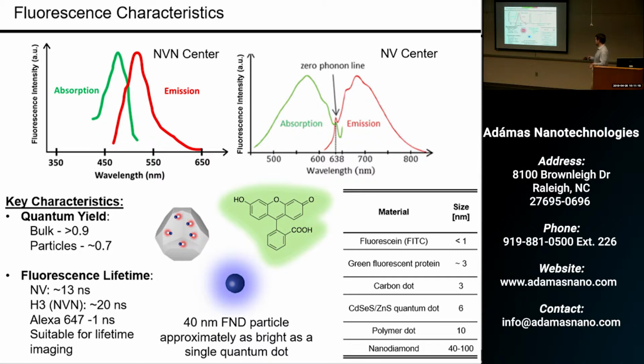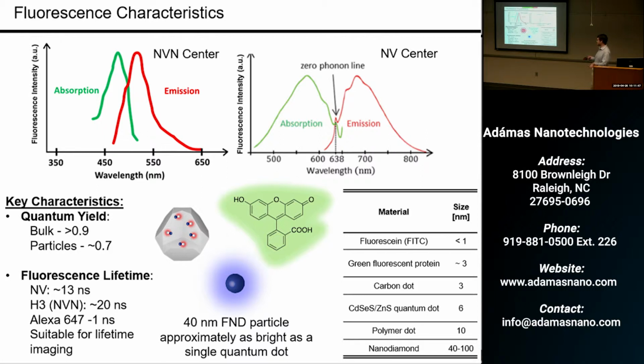And just to orient you with size, currently nanodiamonds are optimized in fluorescence to this 40 to 100 nanometer range. There are smaller particles, down to 10 nanometers, but they have some other additional applications, not directly related to contrast imaging in cells. So a 140 nanometer particle is approximately the same brightness as a single quantum dot.